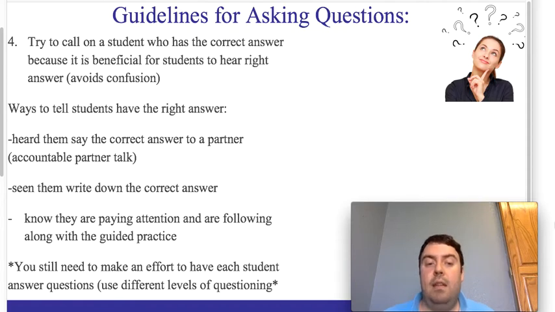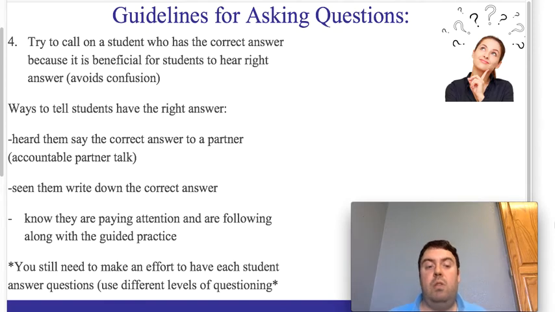But once again, you can have questions of all different difficulty levels and all different rigor levels. And so you can try to provide questions that would be appropriate for different types of students.